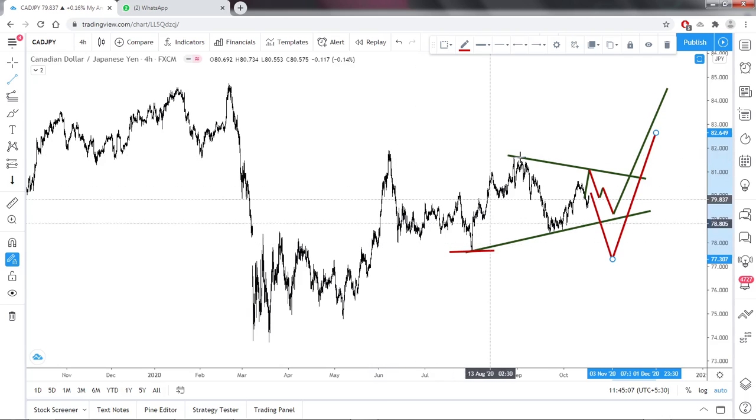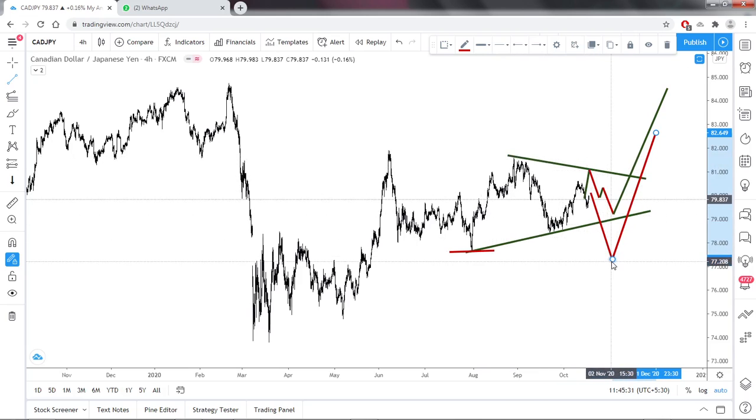With A, B, C, D, and expecting the E wave, we have to enter above the B wave, with the E wave as the stop loss. So that is also valid, but we have to look for that here. That is why we need to enter above this.